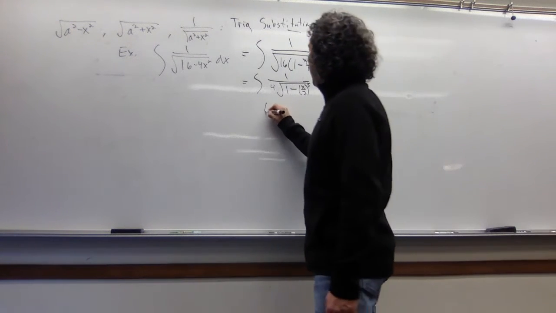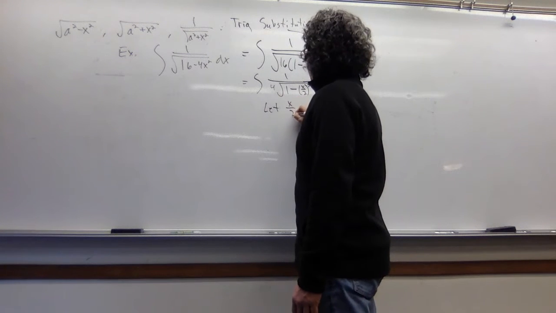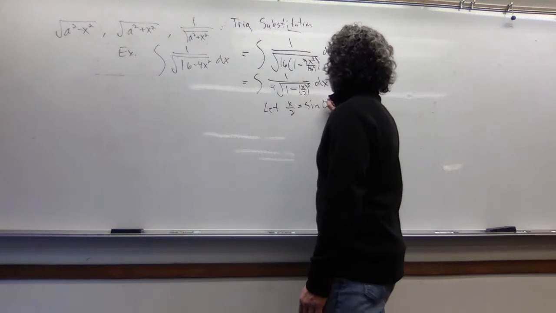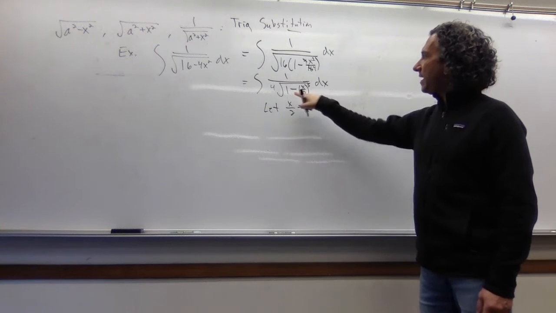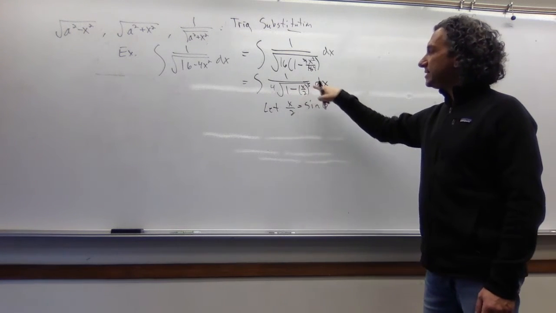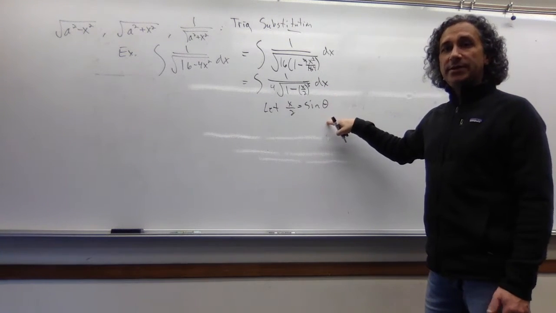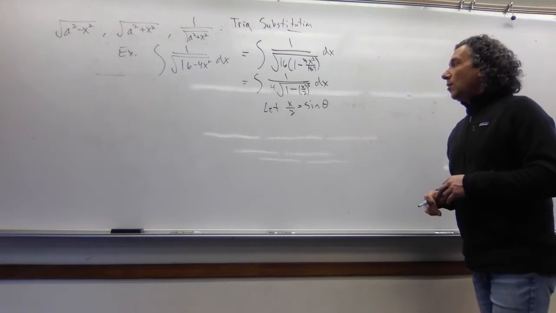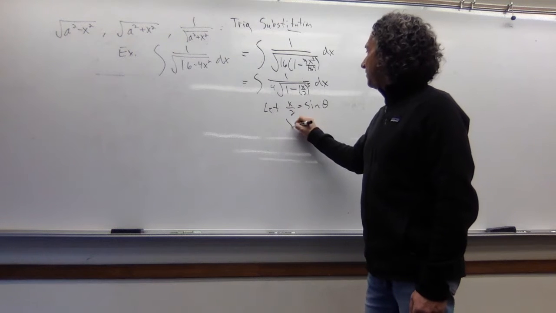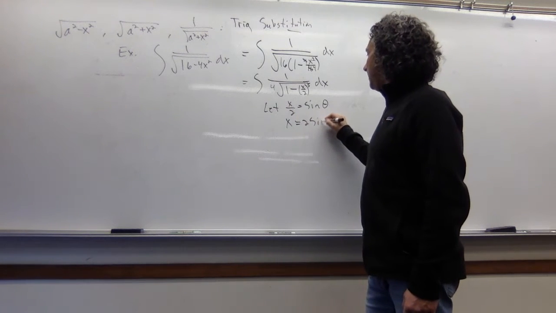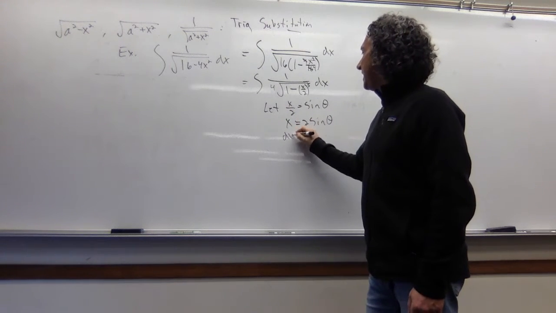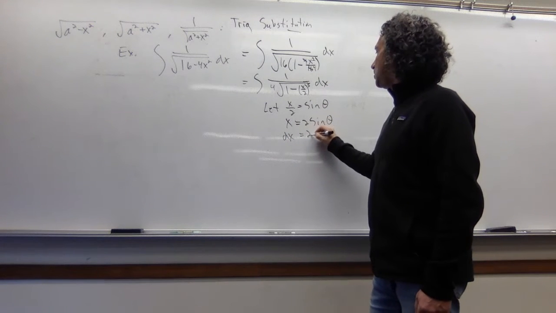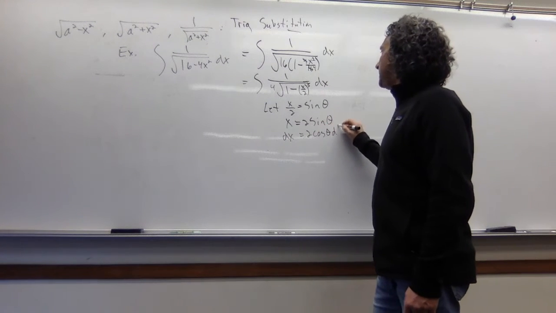Then I can let x over 2 equal sine theta. Can you guys see by doing that, this becomes 1 minus sine squared theta? Yeah, that's good because once again, we'll be in the world of cosine. Well, if x over 2 is sine of theta, then x is 2 sine theta, and my dx is 2 cosine theta d theta.